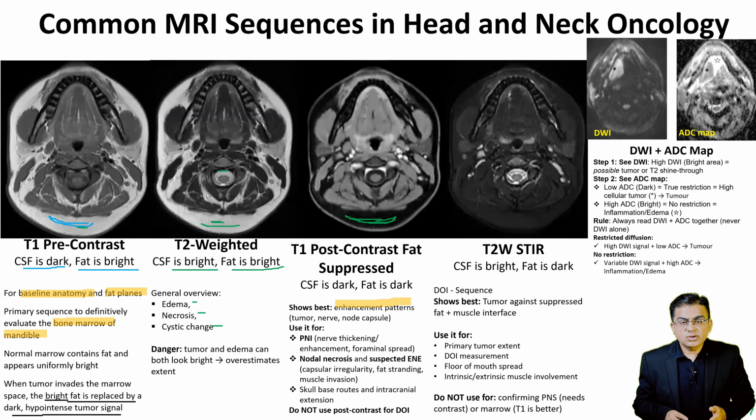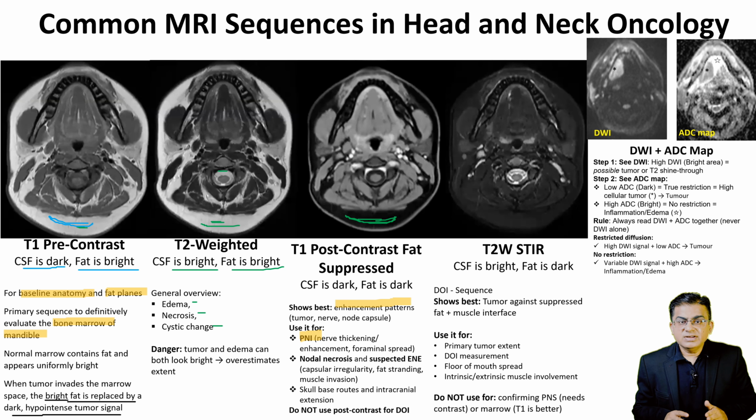It is also your absolute gold standard for tracking perineural spread. If a cranial nerve like 5th, 7th or 12th is involved, it will starkly enhance against the dark suppressed fat of the skull base foramina. However, remember a pitfall with this sequence.